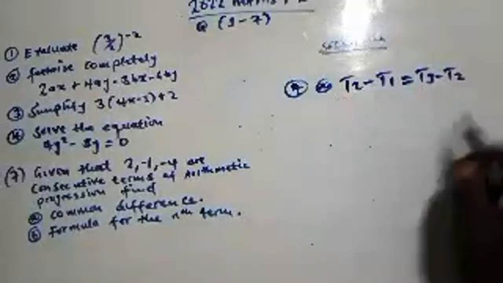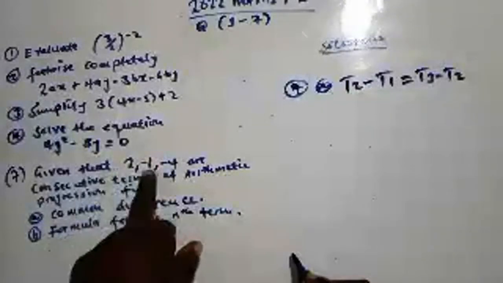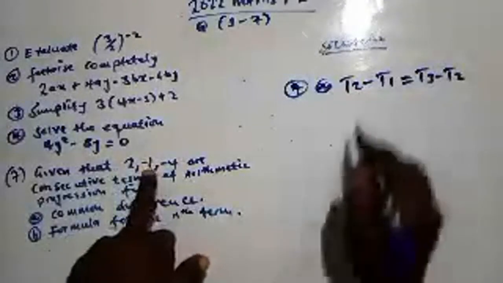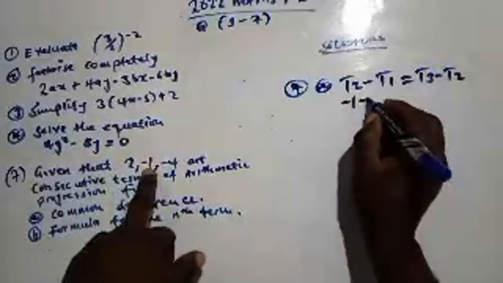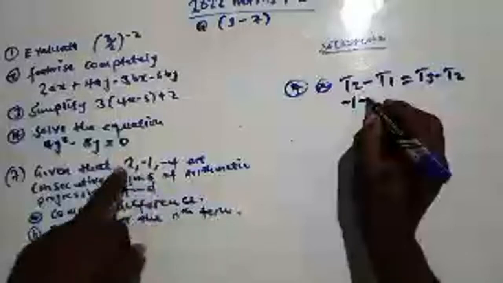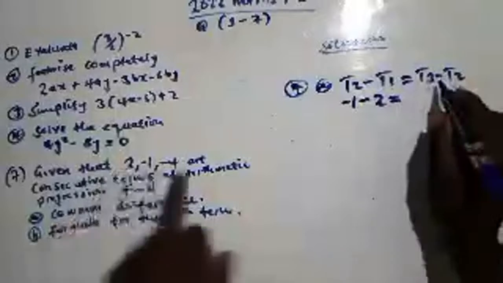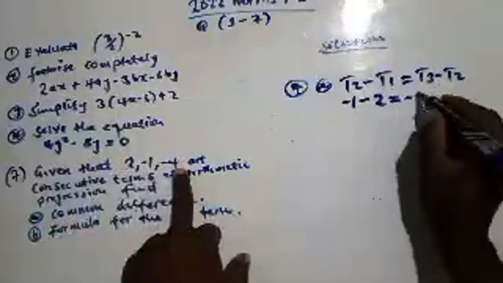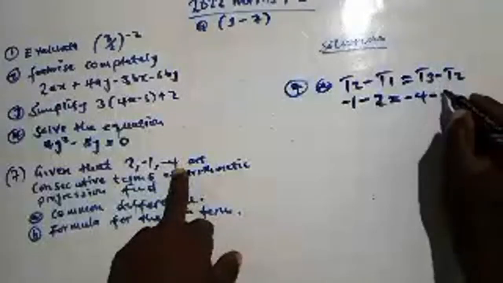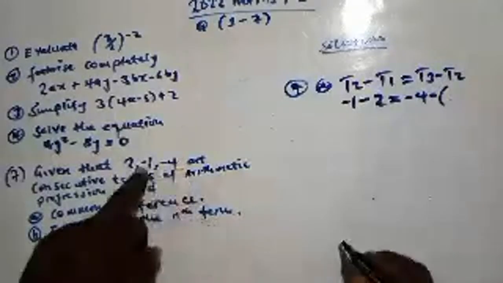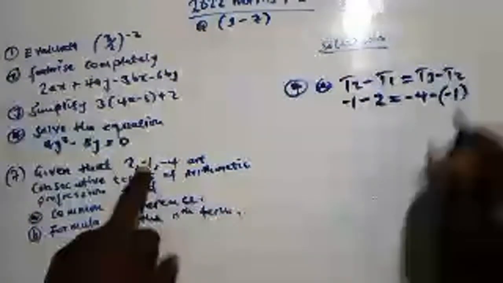Okay, so we have this sequence. This is the first term which we are seeing here, then the second term. So we are going to put -1 here, the second term, -1, minus the first term, 2, okay, which is equal to t3, it is -4, minus this term, then open bracket, t2, we have -1, okay, in the bracket.